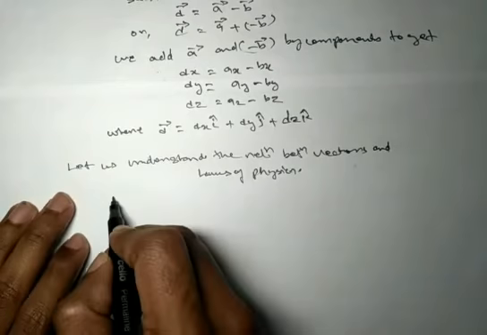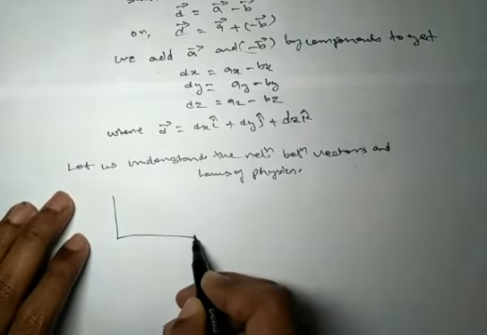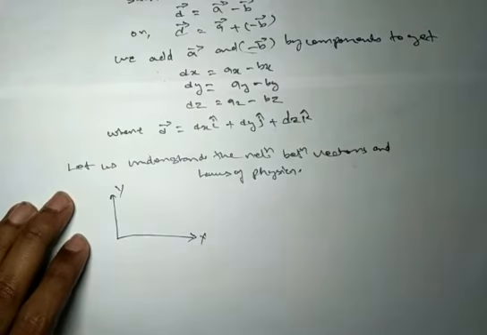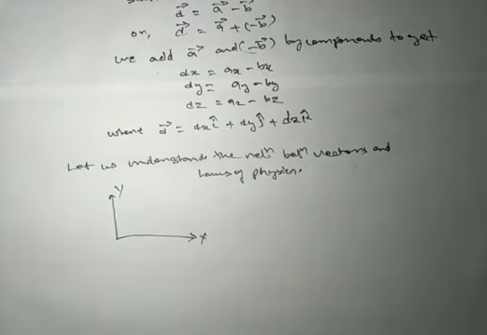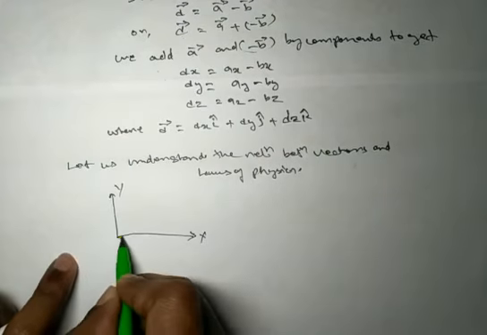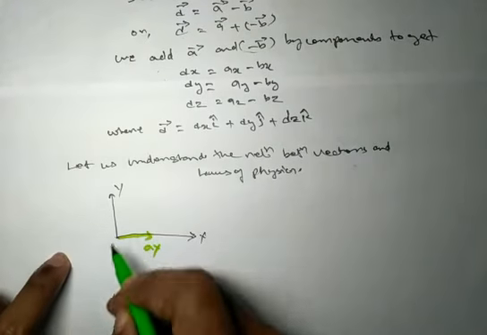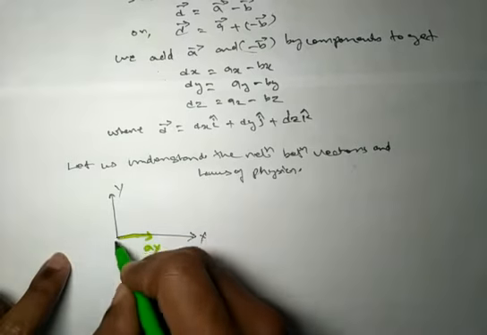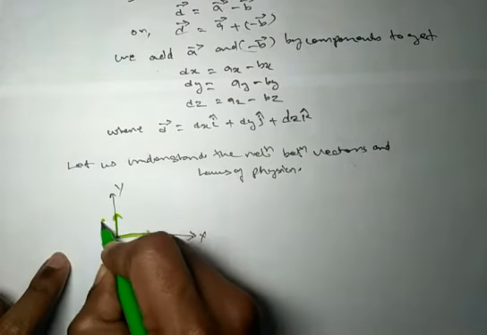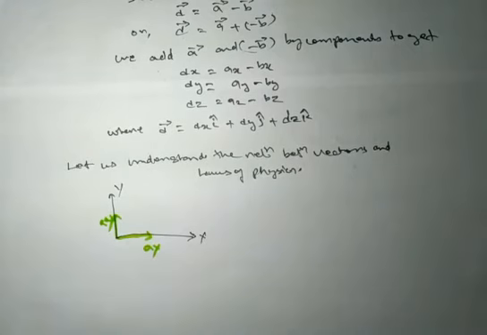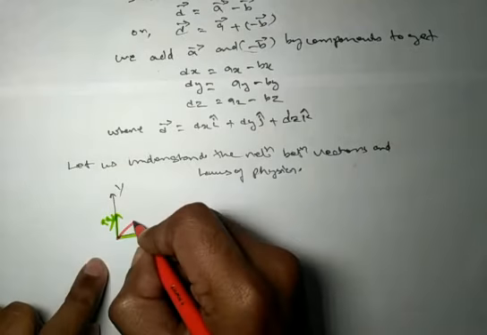If there is an xy plane, this is x and this is y. This is ax and this is ay. So the resultant vector will be vector A.